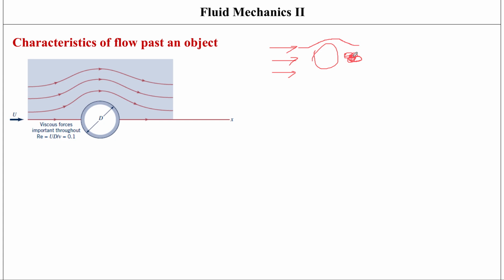Okay, so that is one major difference between the streamlined bodies and blunt body objects. So with lower Reynolds number, again, we're looking at 0.1 past the cylinder.